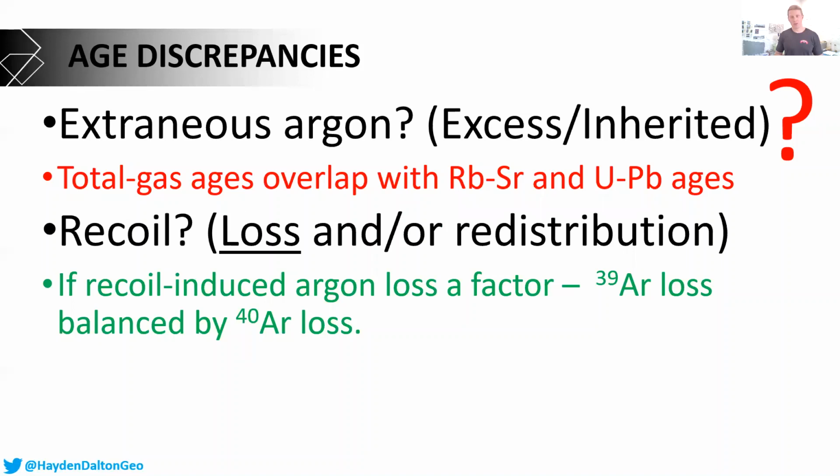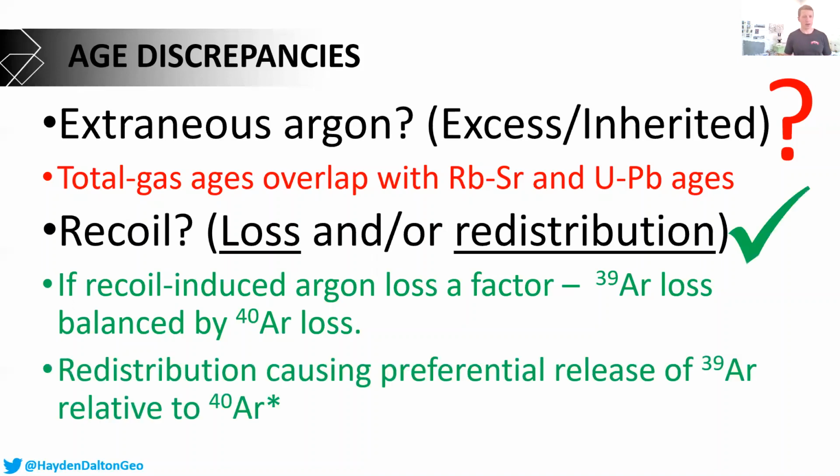If it was recoil loss, that would mean that any loss of 39 argon has been balanced by the loss of 40 argon. Or if it's redistribution, then potentially this redistribution of the argon has caused 39 argon to be released preferentially in those early steps relative to 40 argon. It's a possibility.